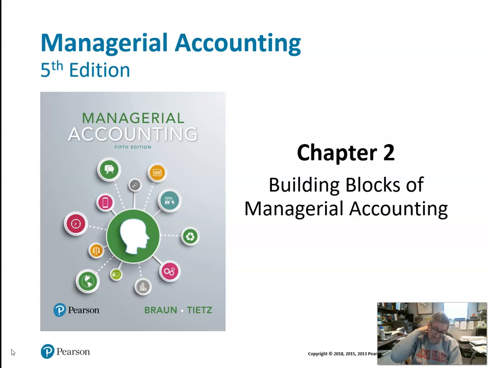So today, Chapter 2 is really an introduction to the different ways that a company can look at costs and how costs are used in analysis to determine whether the company is being run appropriately, efficiently, and profitably. So let's get right into it.